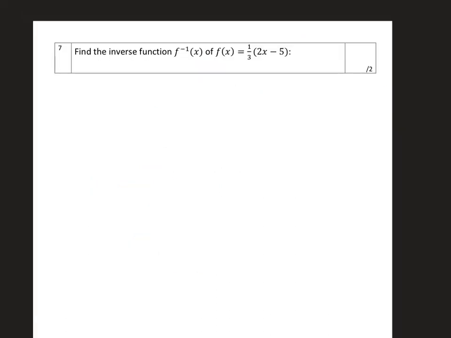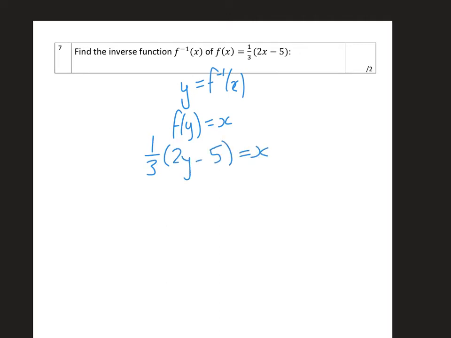Seven, find the inverse function of that function there. So remember, I can call the inverse any letter, so if I just call y equals the inverse of x, apply f to both sides, I get f of y equals x. So if I sub y into f, I get a third times 2y minus 5 equals x. I'm going to times both sides by 3.